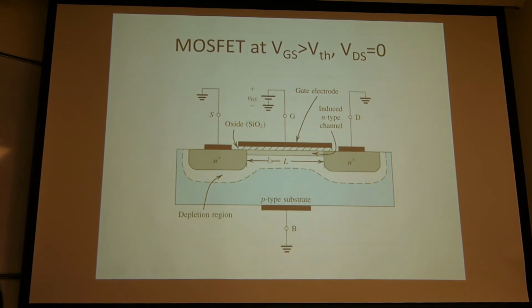Once your voltage is larger than the threshold, you create inversion of the surface, and this is the channel with electrons in this case. This white region is the depletion region, which means you only have the charge from the dopants, in this case Na, the acceptors.